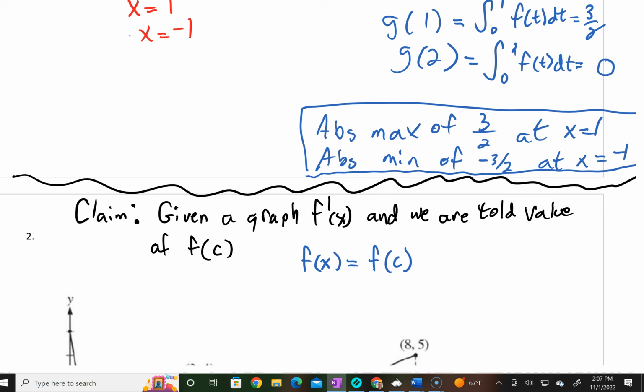All of a sudden, kids will go, whoa, wait a minute, Mr. Dobner, that can't be. You're saying that function is just that function value? Oh, we're not done. We're going to say it's the integral from c to x of f prime.